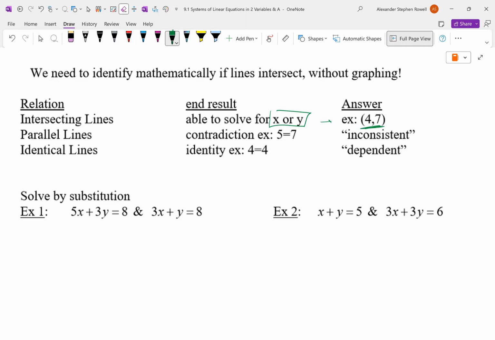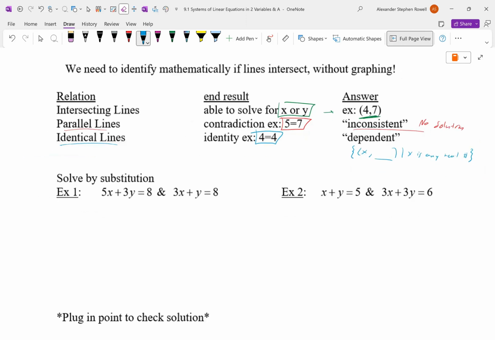We could plug one equation into the other and get something absurd like 5 equals 7, which is never true no matter what, which means the lines are parallel and we'll say there's no solution. Finally, you could plug one equation into the other and get something like 4 equals 4, an identity. That tells you the lines were identical to begin with, and you need to write the solution set of all those solutions. So let's go ahead and practice this.